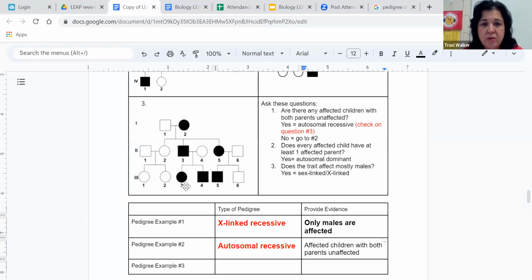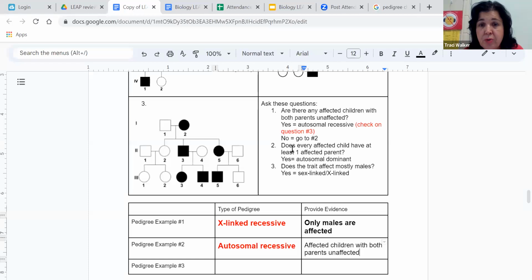Also in generation 3, persons 3 and 4 are affected and their dad is affected. Now go up to generation 2, person number 3 is affected and his mom is affected. Person number 5 is affected and her mom is affected. So the answer to this one is no.